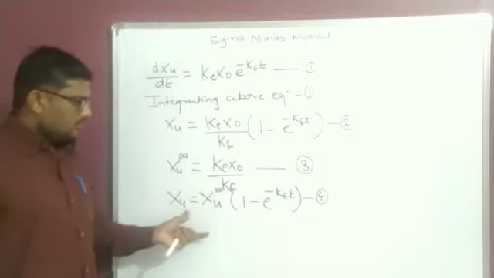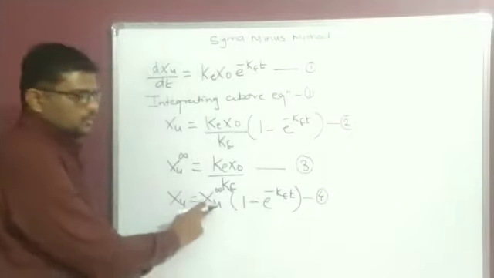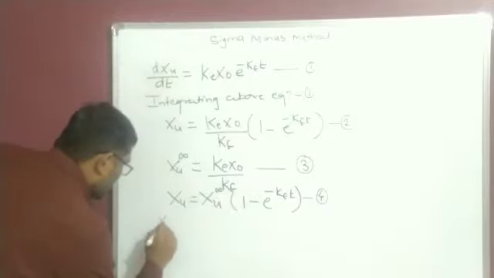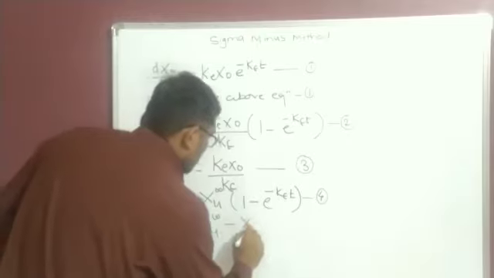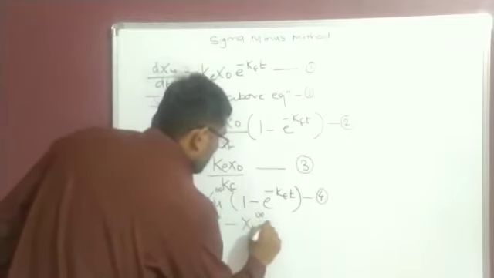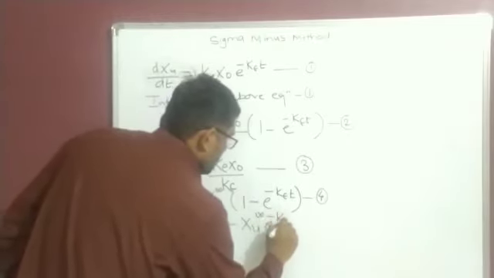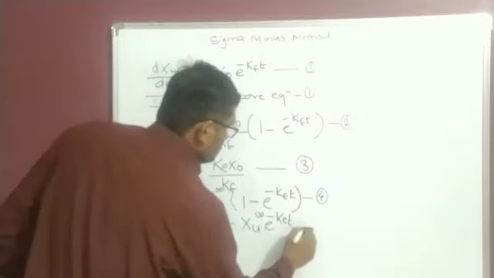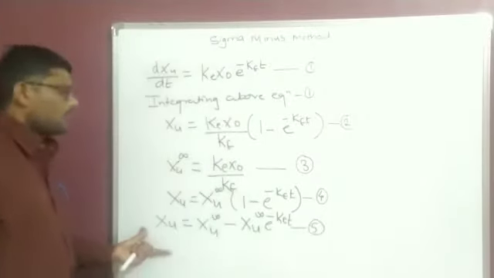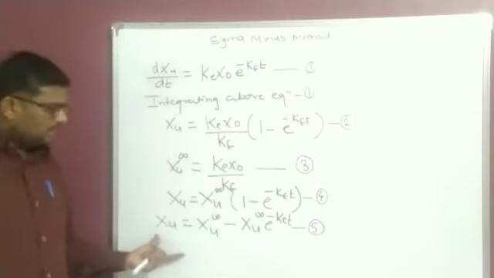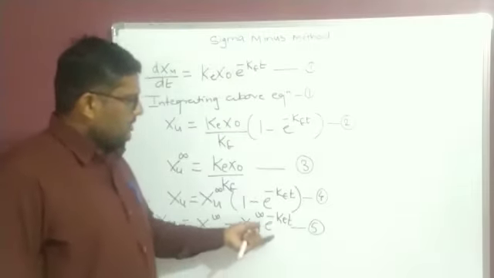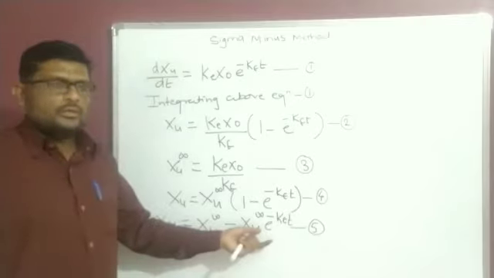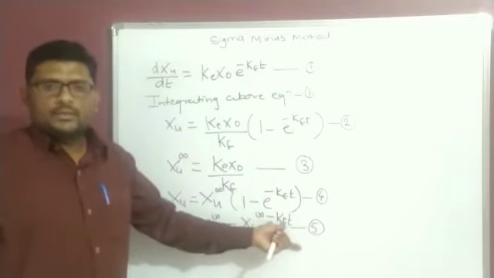Now multiply Xu infinity with this bracket, and you will get Xu is equal to Xu infinity minus Xu infinity into e raised to power minus ke t.